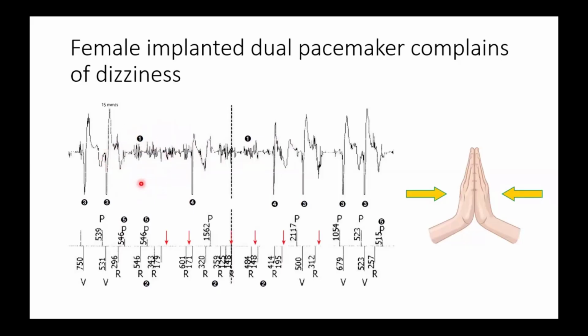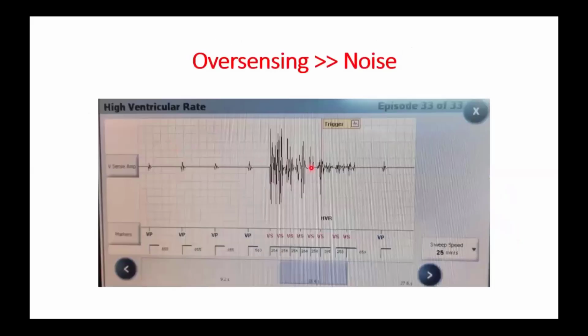And another thing: if the problem is myopotential, bipolar programming will solve it. However, if it's a matter of noise in the lead, we should consider evaluation of the integrity of the lead and programming if the patient is pacemaker dependent, and we may consider replacement of the lead with another one.